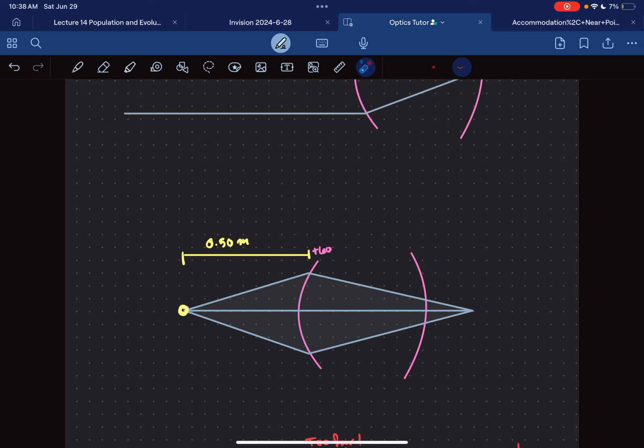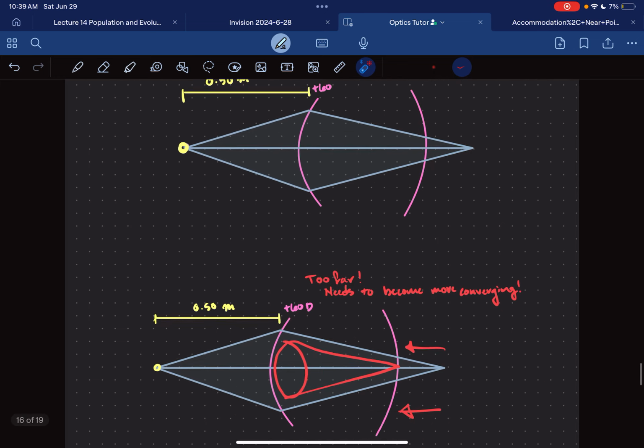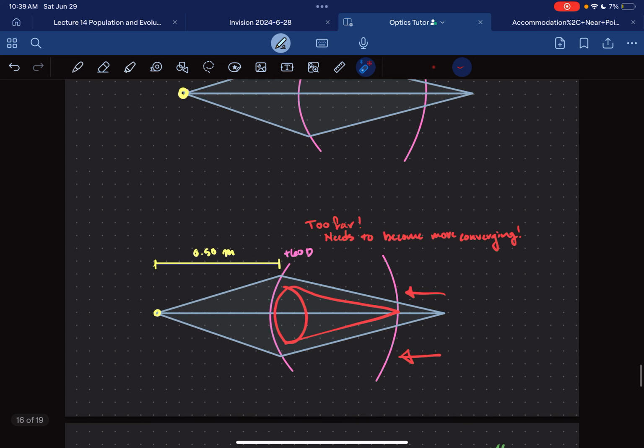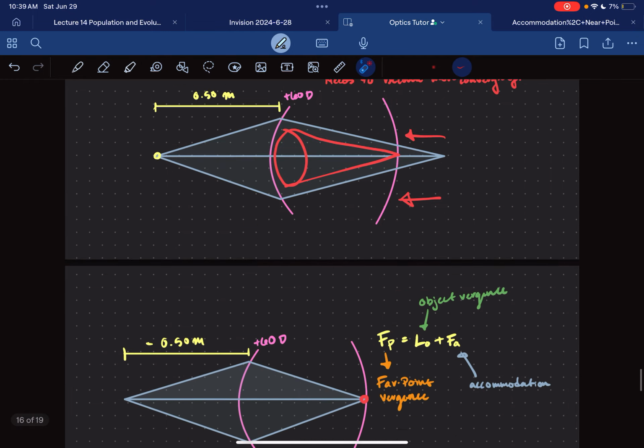And so the lens needs to do something to counteract how it's off the retina. It's too far, so it needs to become more converging. The lens is going to become more convex to counteract the diverging light from here, in order to make it focus right on the retina. So hopefully that makes sense.